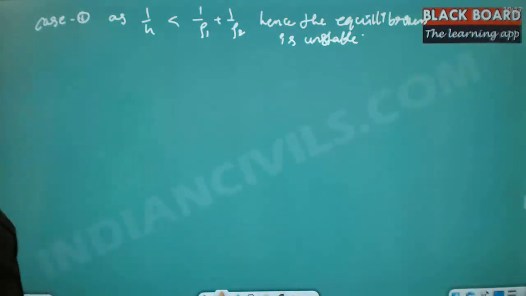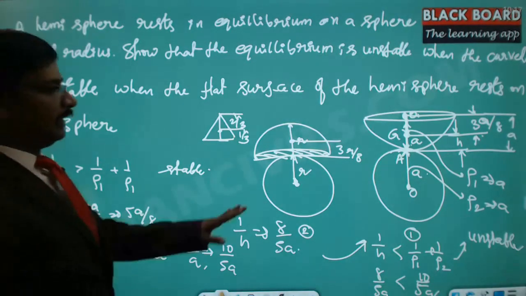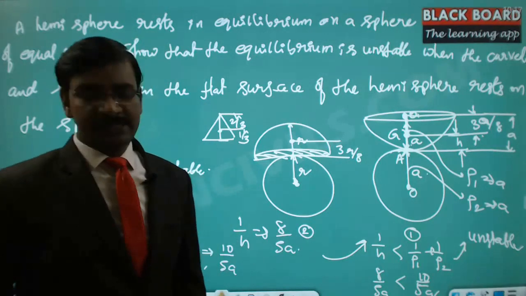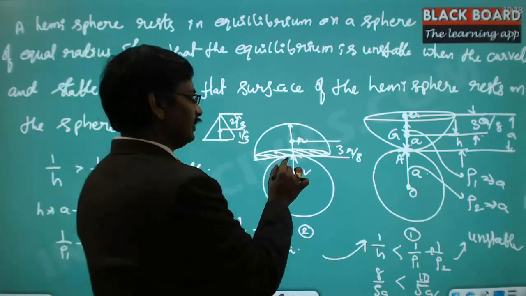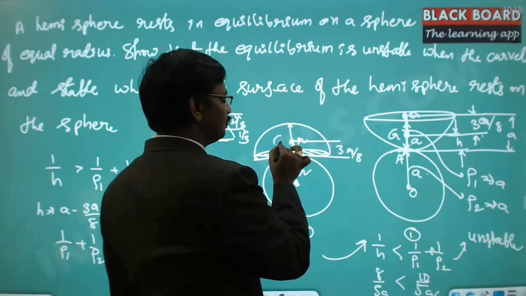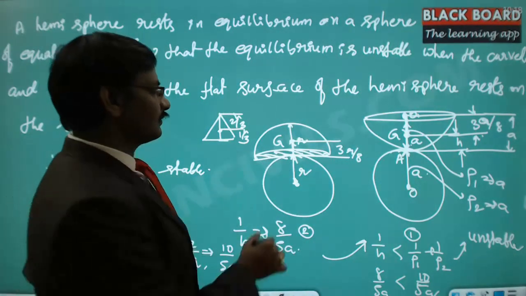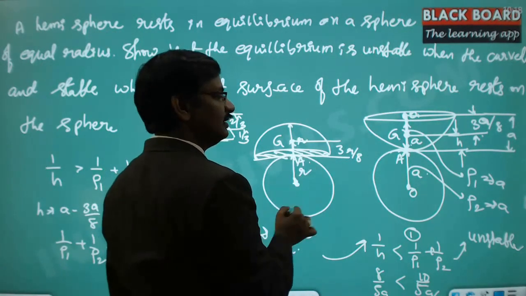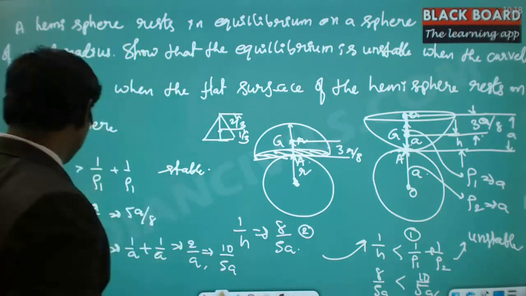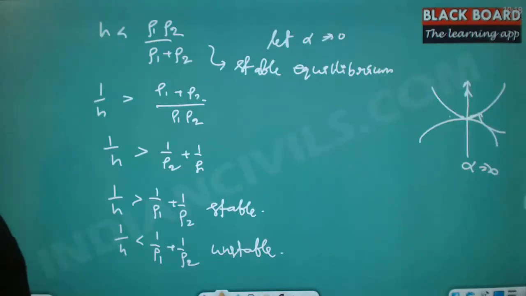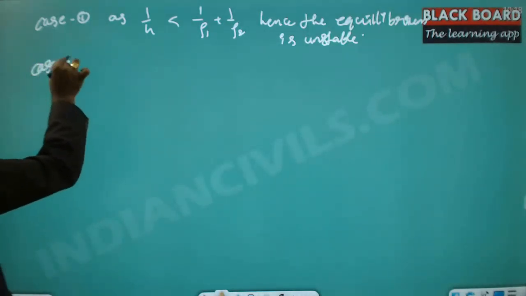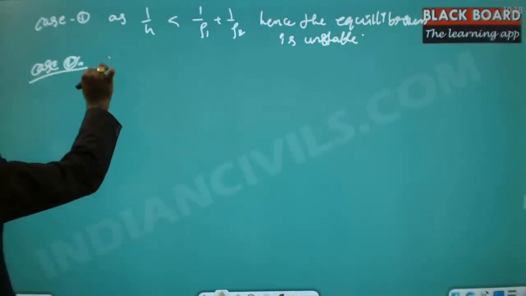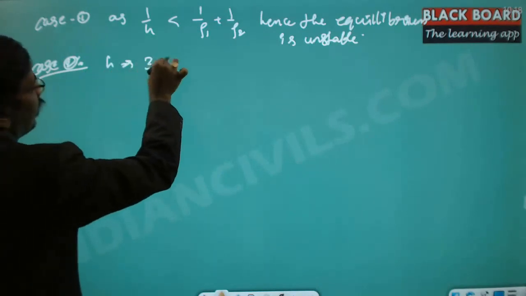Now we take the second case. So the second case is this one. Now in this case, this is the point of contact, and the center of gravity of this body above the point of contact A is AG equal to 3r by 8. So h is equal to 3r by 8.